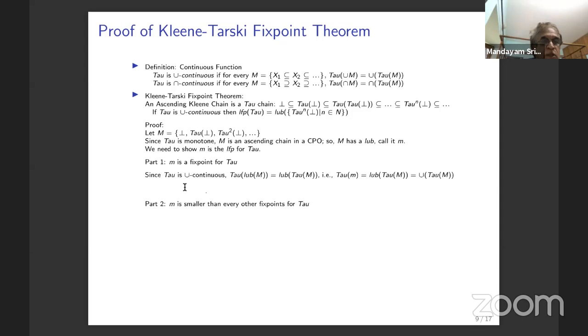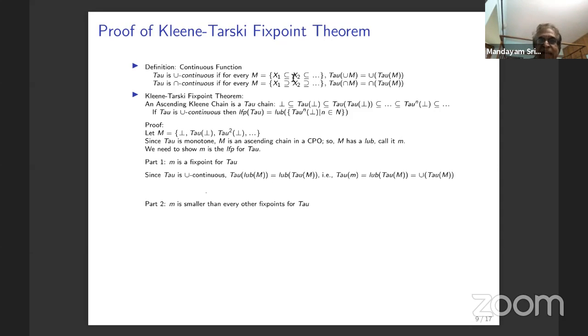Yeah. So since tau is continuous, by definition we have tau of the least upper bound of the chain M equal to the limit of the tau chain.